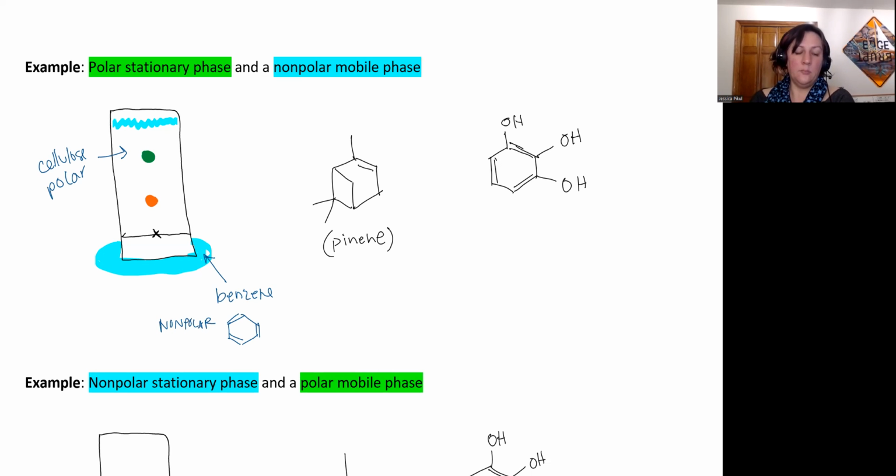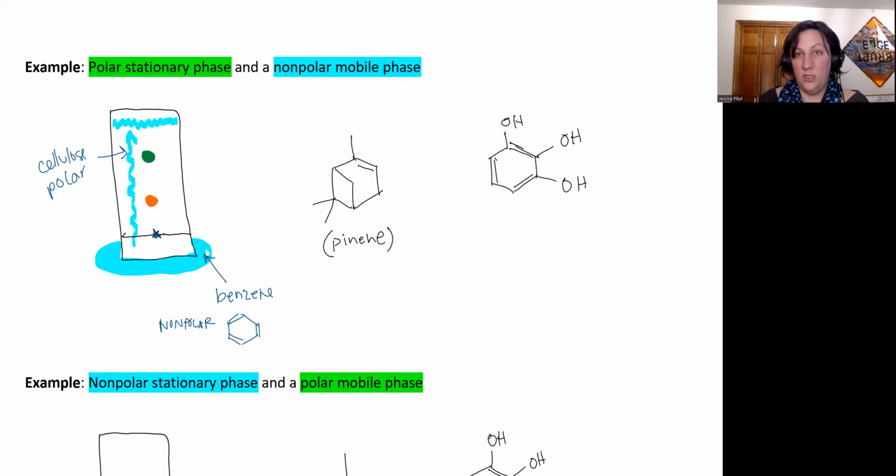Okay. So if we set up this system, we would start with our sample right here on this X, and then we would place it into our benzene, and that benzene would travel up the paper till it got towards the top, and then we would pull it out so that way the separation stopped.